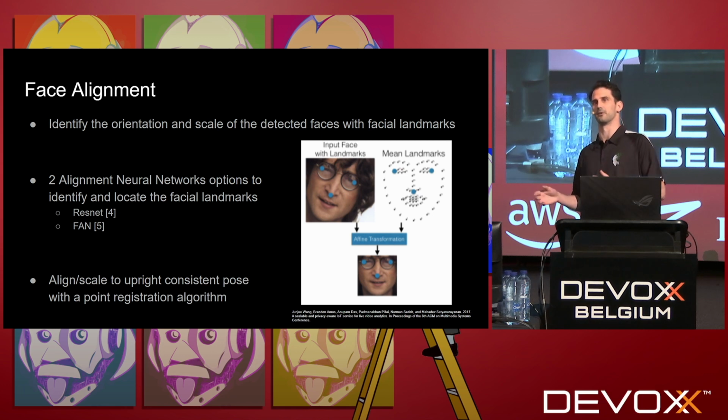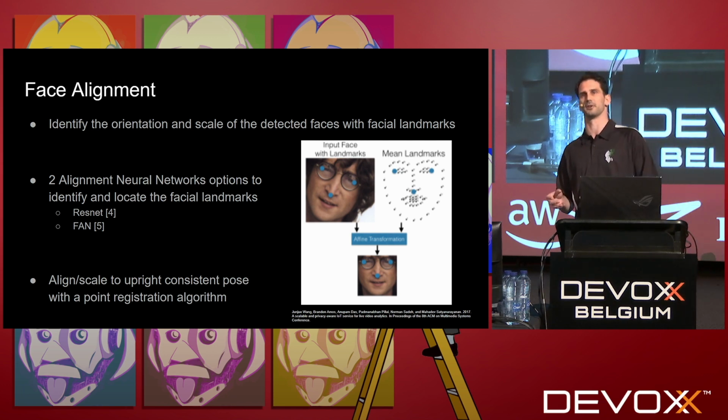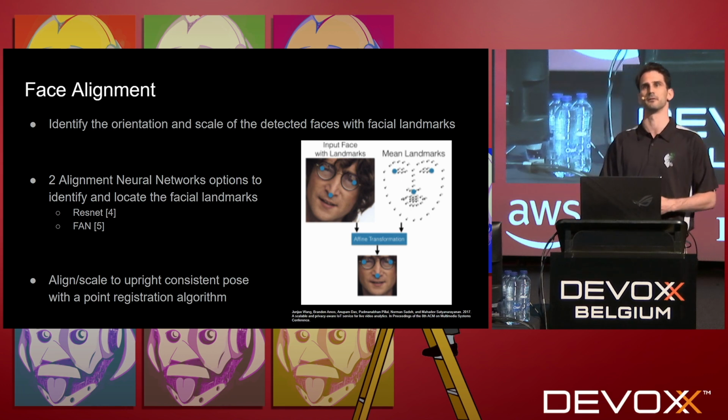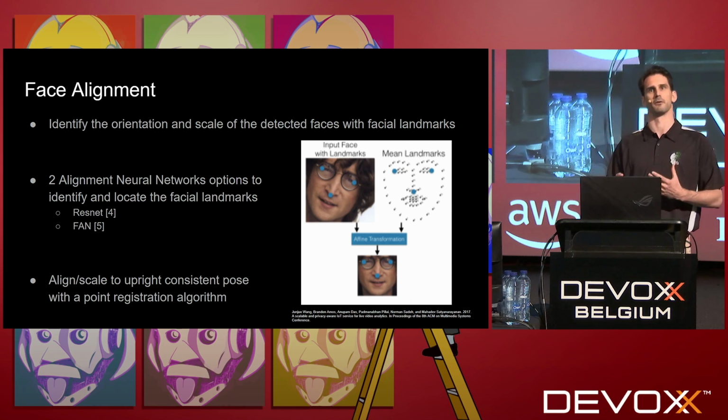As I mentioned before, these faces might be extremely small, they might be rotated, they might be upside down. We need a consistent, standardized, normalized format of a face to feed off of in order to train and swap. So how do we do this? The easiest and best method is that each face has particular landmarks: the pupils, the tip of the nose, the tip of the mouth, and the chin line, which are easily identifiable. Once again, there's a neural network for a regression problem.